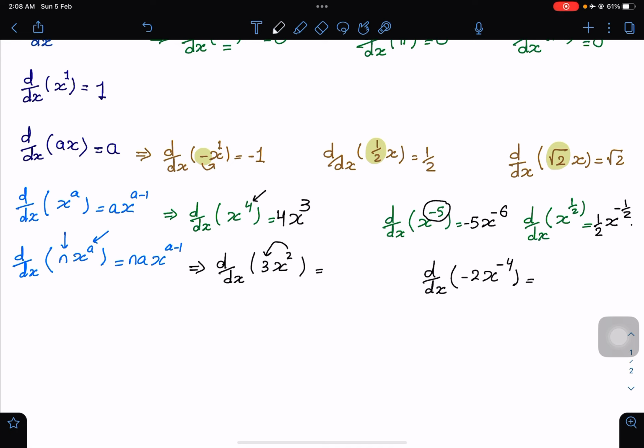Drop the power with a multiply, so 3 times 2 is 6. X power, now take the power minus 1, so 2 minus 1 is 1. Here, drop the power with a multiply, so -2 times -4 is 8. X power, take the power minus 1, so -4 minus 1 is -5.